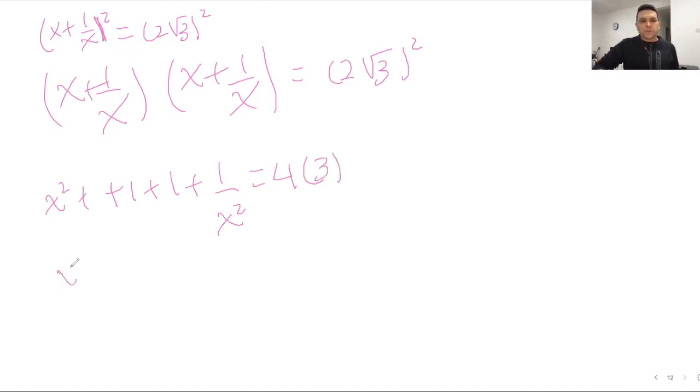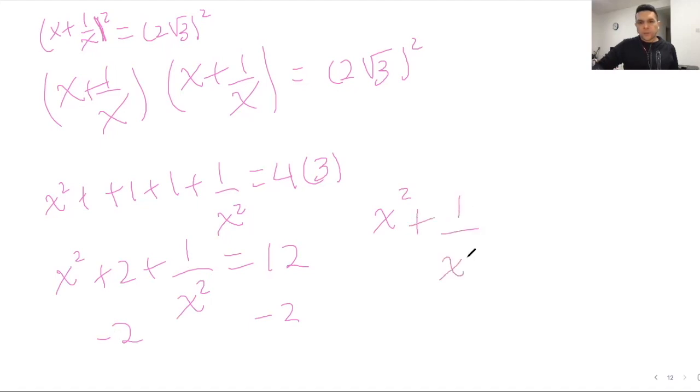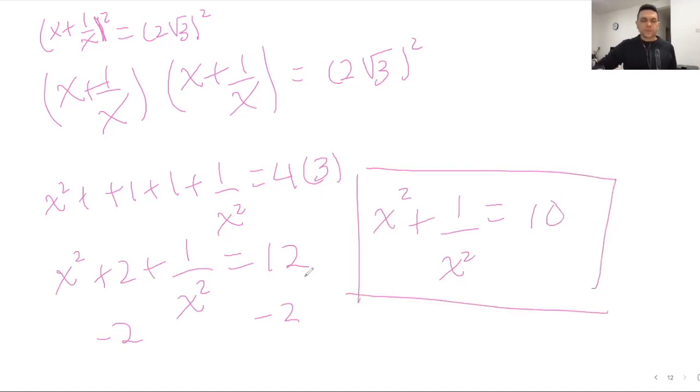And then we have this x squared plus 2 plus 1 over x squared equals to 12, right? Now I'm going to subtract 2 from both sides. And that's going to give me x squared plus 1 over x squared equals to 12 minus 2, 10. And I showed that, right? This is what they wanted me to show initially. And that's it.